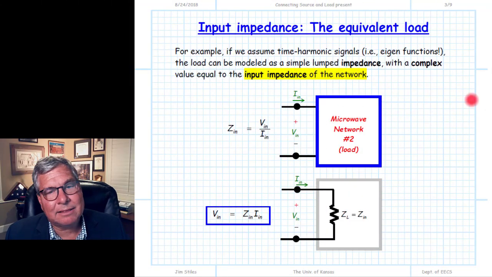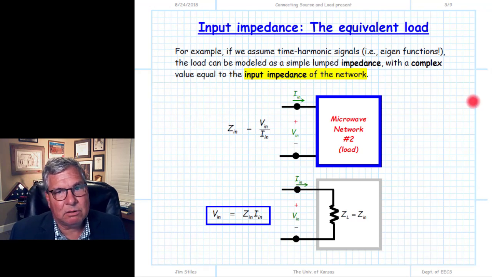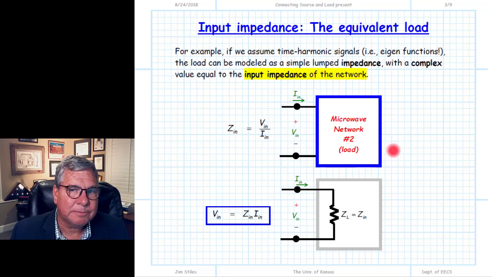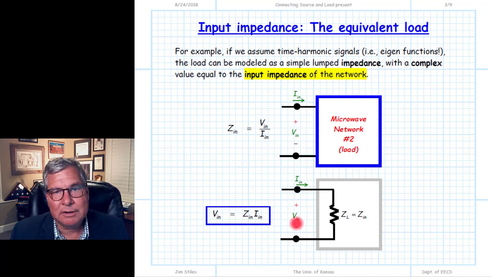Let's first look at the network on the right, what we call the load. Energy is flowing into this device, so it is a passive device. It's not creating energy, it is absorbing energy. And again, we're going to assume that it is linear time invariant if we're using sinusoidal currents and voltages here. And we know that the relationship, therefore, between the voltage at that port, the input voltage, and the current into that device, those complex voltages and currents, must be related by the eigenvalue of the single port device, the impedance.